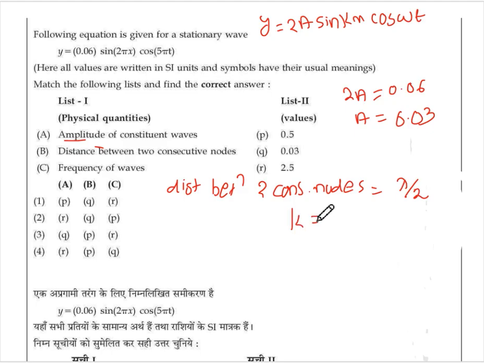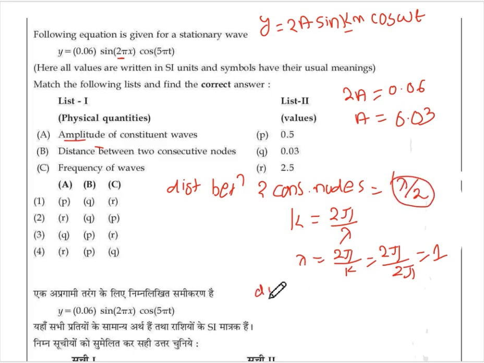Our formula is k equal to 2 pi by lambda, so lambda will become 2 pi by k. Here if I compare, k is 2 pi, so 2 pi by 2 pi becomes 1. So the distance will be lambda by 2, which is 1 by 2, which is 0.5 meter. So this is the distance between two consecutive nodes.